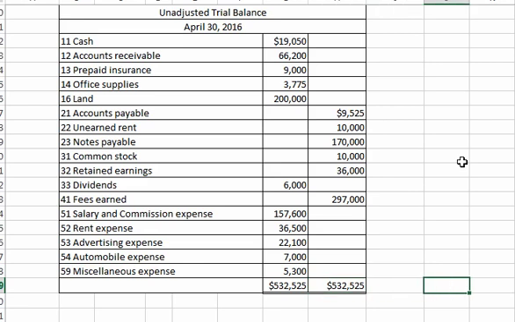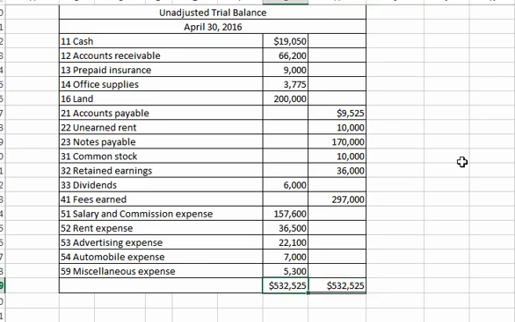Now, if they're equal, it doesn't mean you haven't made any mistakes, but if they're not equal, it does mean something's incorrect. For instance, if you omitted one journal entry or made one journal entry twice, these two totals would still equal, although the records would be incorrect. But that's a pretty good sign. There's no glaring errors anyway.